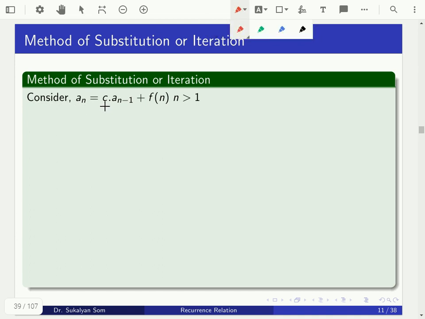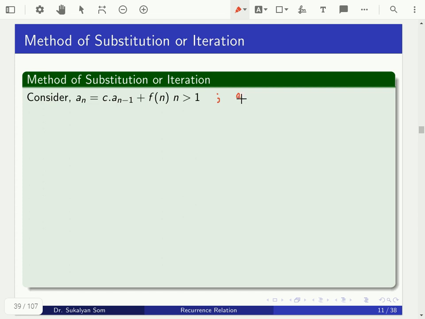Obviously, when solving a linear recurrence relation by the method of substitution, we need the initial condition. Let us assume that the initial condition is a_0 equals some constant k.